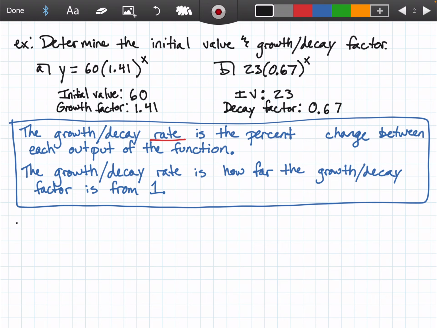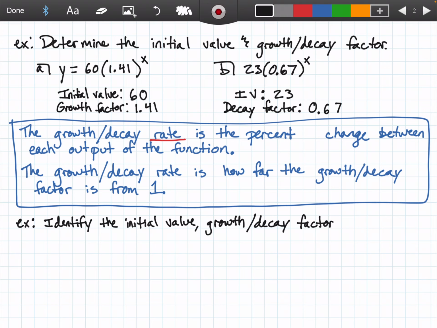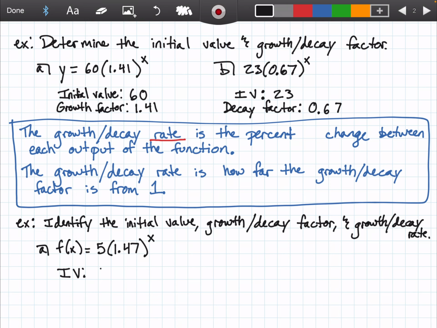So, for example, my first example, my initial value is going to be 5.